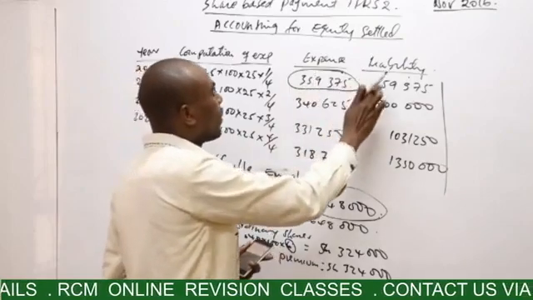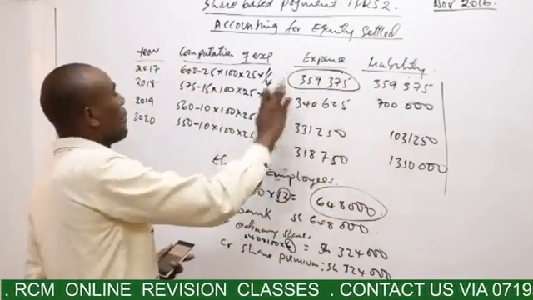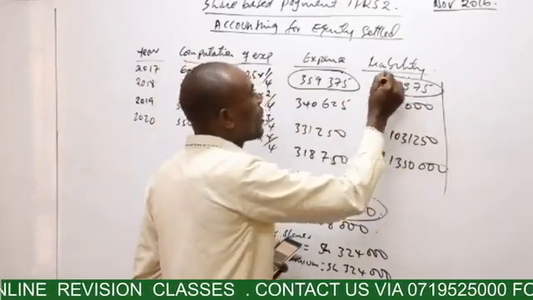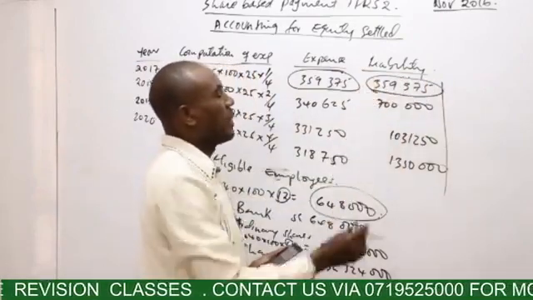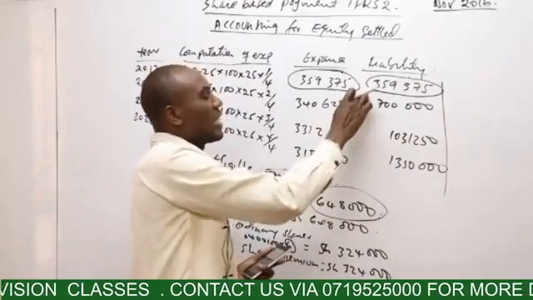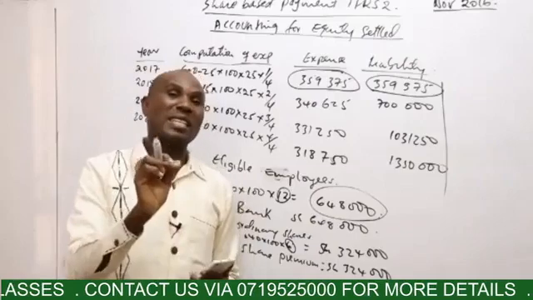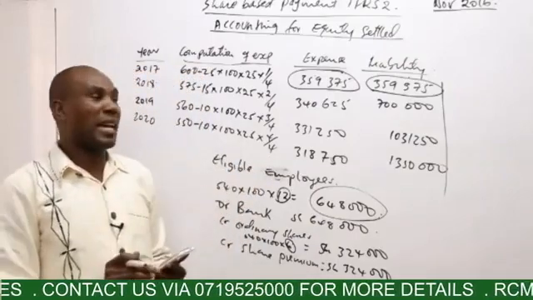Then at the end of the year, for example 2017, we have the liability to report in the balance sheet. But because it is equity settled, you don't report it as a liability. You report it under equity.